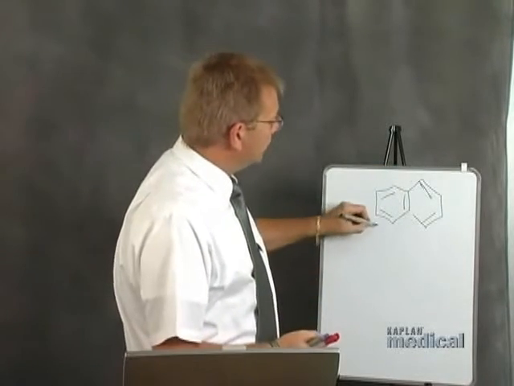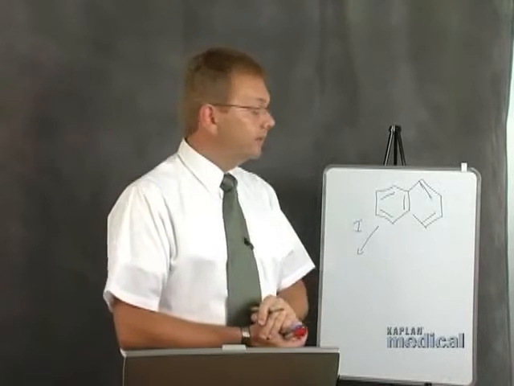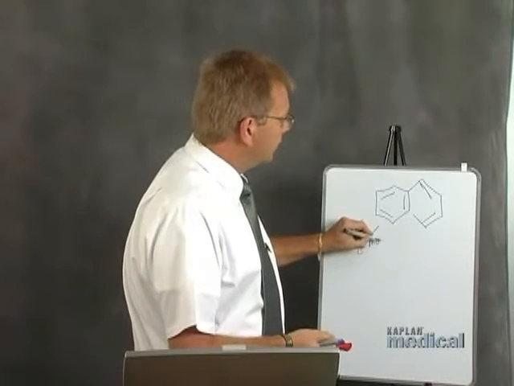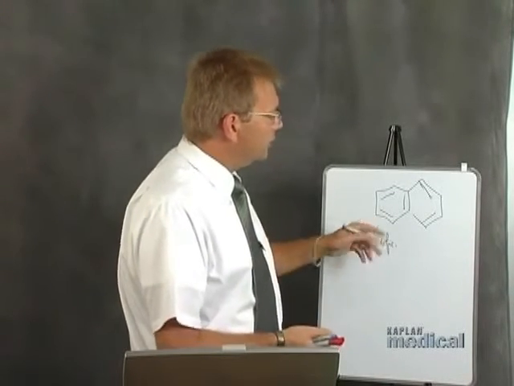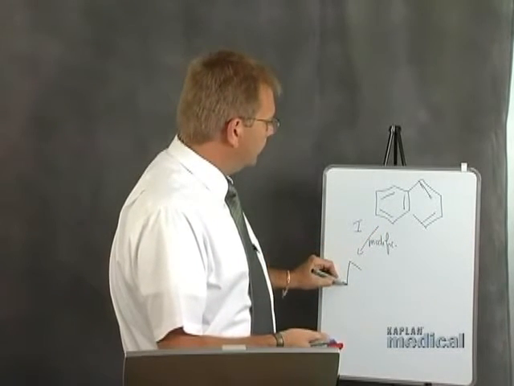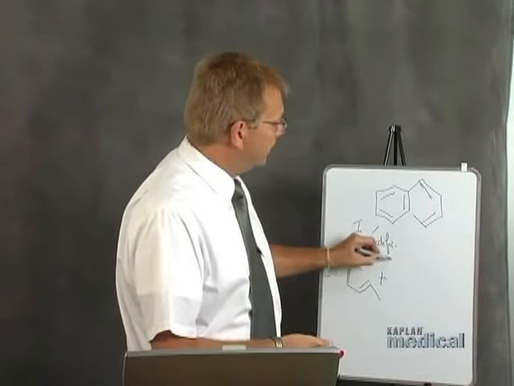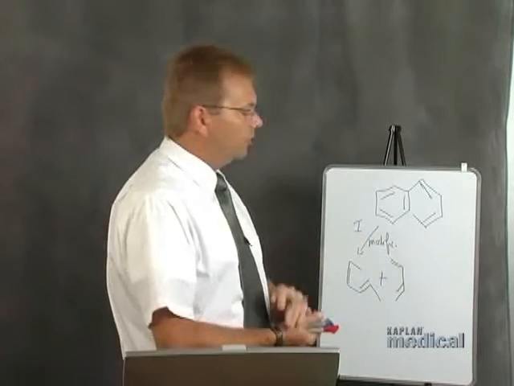What a phase 1 reaction will do is modify that drug. And modification of the drug would mean literally you're going to break that molecule in pieces. Maybe you'll end up with a piece that would be like this, plus another piece that would be like that, and so forth.